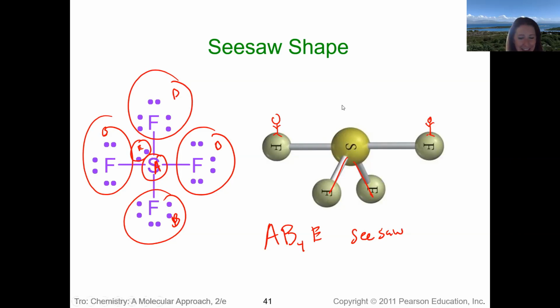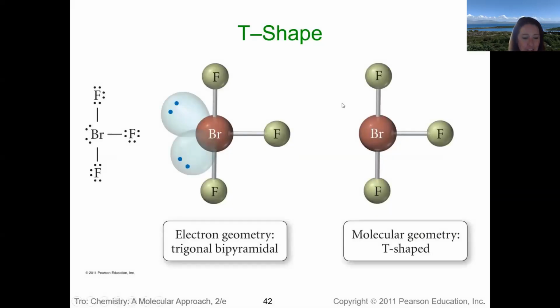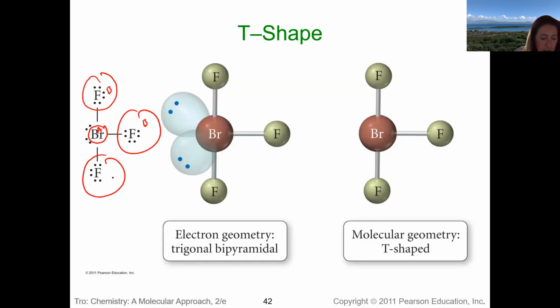The next one is called T-shaped. And so if we look at this, here's our A, B, B, B, E, E. So it's an A with 3 B's and 2 E's. This is called trigonal bipyramidal.